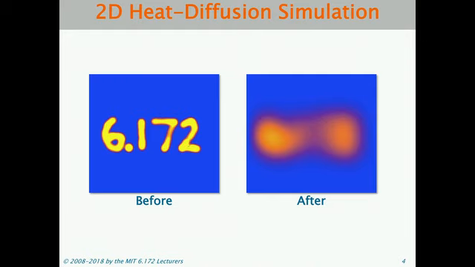And then afterwards, we're going to run it for a couple time steps, and then the heat is going to diffuse to the neighboring regions of the 2D space. So after we run it for a couple steps, we might get the configuration on the right, where the heat is more spread out now. And oftentimes, we want to run this simulation for a number of time steps until the distribution of heat converges. So it becomes stable and it doesn't change by much anymore, and then we stop the simulation.